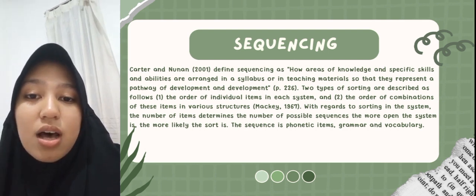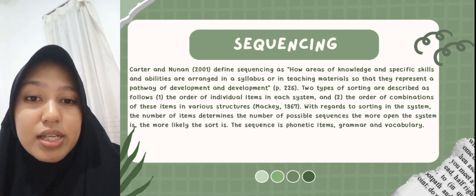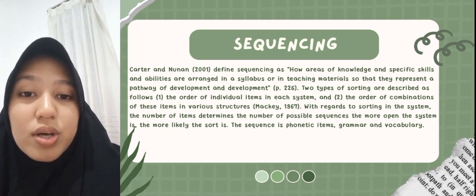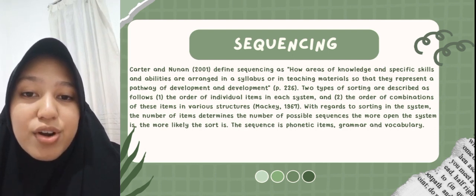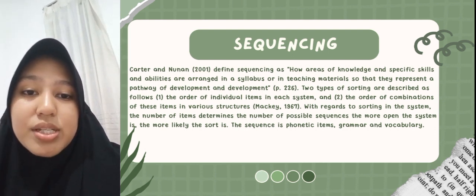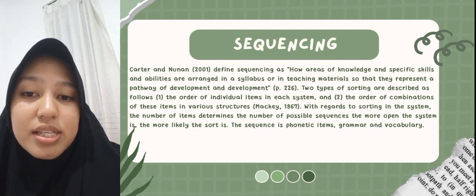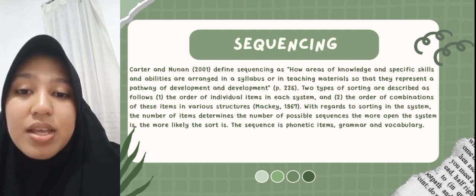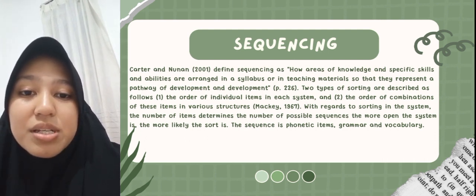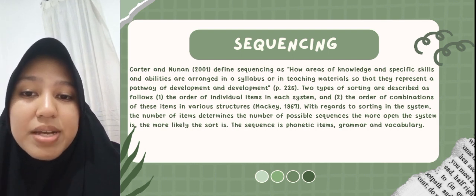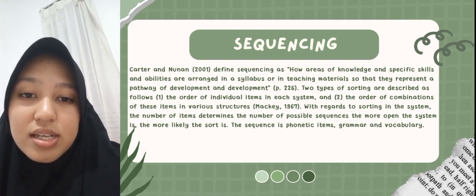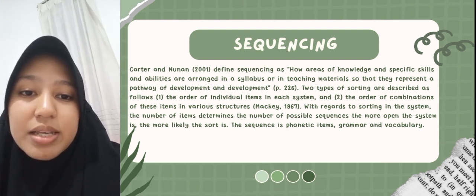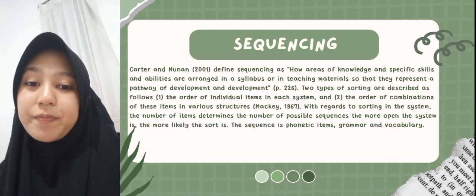The order of individual items in each system, and 2. The order of combination of these items in various structures. With regard to sorting in the system, the number of items determines the number of possible sequences. The more open the system is, the more likely the sort is. The sequence is phonetic item, grammar, and vocabulary.